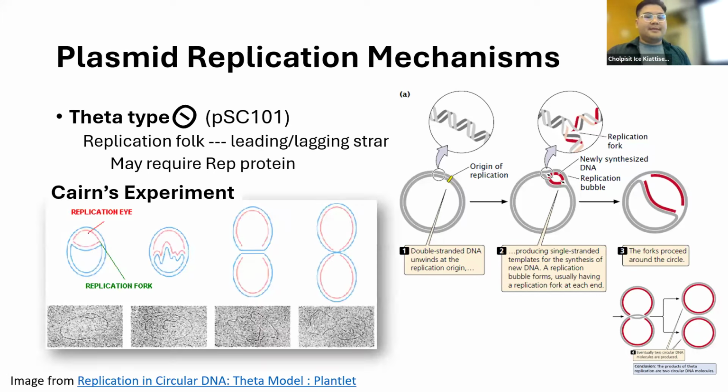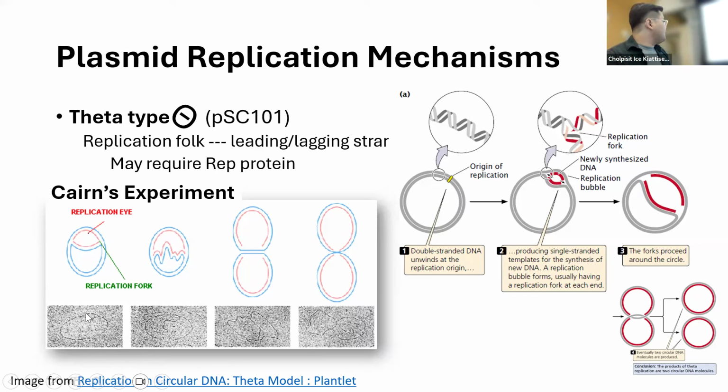So this is the experiment called Cairns' experiment, which is pretty famous. It's an experiment where they labeled the DNA with some radioisotope, and they tried to take an image over time. So it might be a little bit difficult to see. I'll share the slide later, but the image that we have seen here is similar to the drawing above.